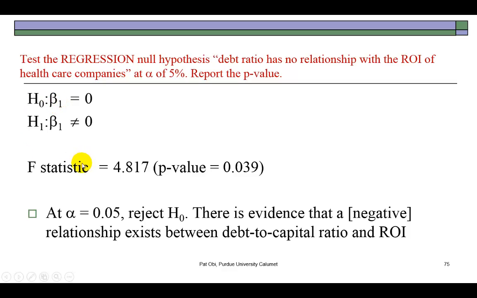So according to our output, F is this value with a p-value of less than 5%. And therefore, we reject this null hypothesis, concluding that there is evidence that, in this case, a negative relationship exists between debt ratio and return on investment.